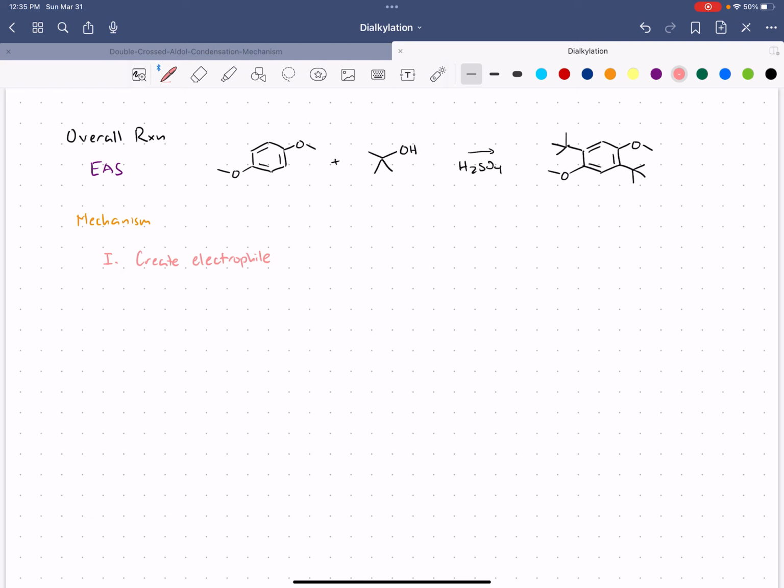To create the electrophile, we'll take tert-butanol and protonate it with sulfuric acid.